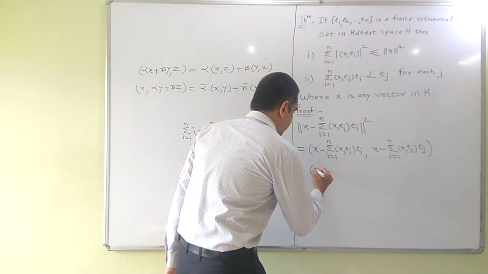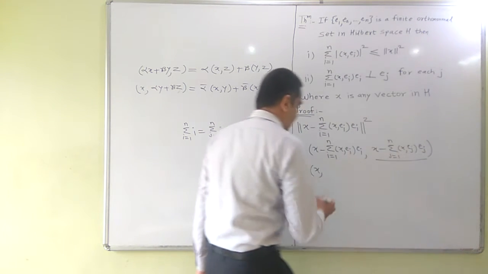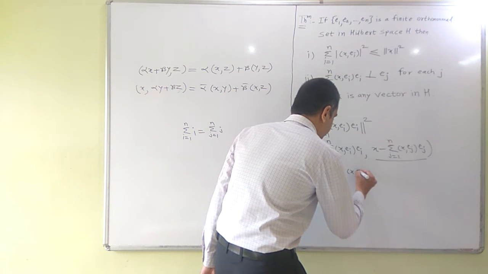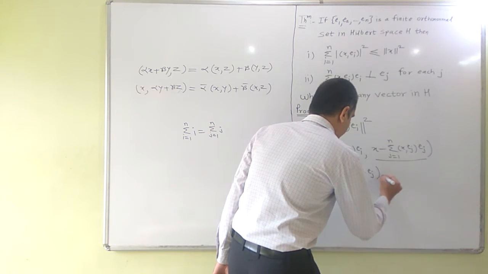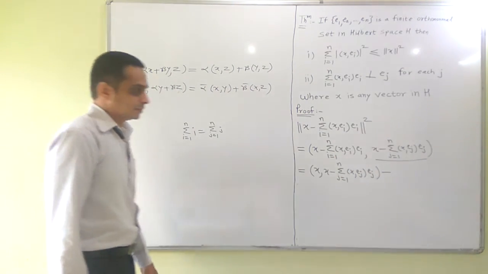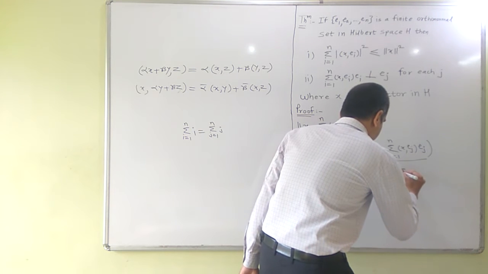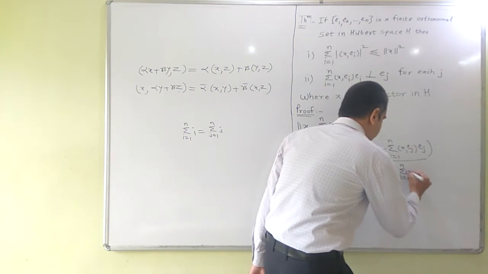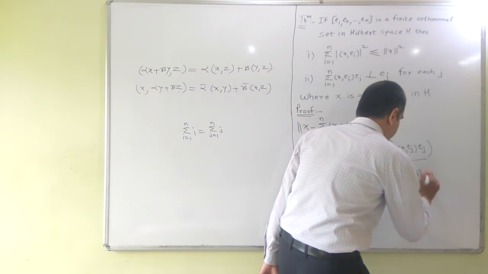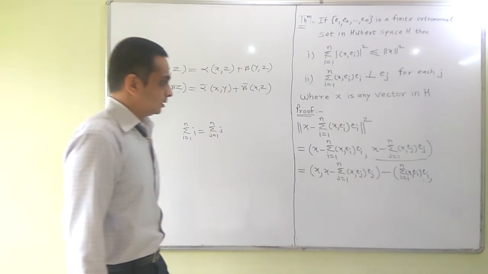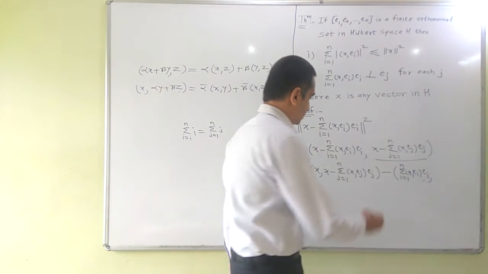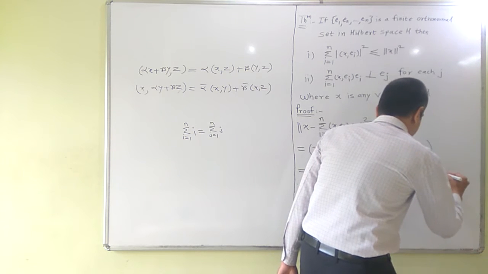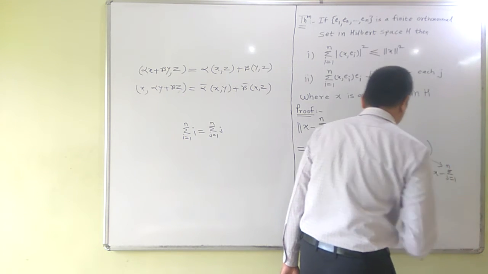This I can write as the inner product of x with the second vector as it is, x minus the sum j equals 1 to n of inner product x, ej times ej, minus the inner product of this first sum, the sum i equals 1 to n of inner product x, ei times ei, and the second vector as it is, x minus the sum j equals 1 to n of inner product x, ej ej.